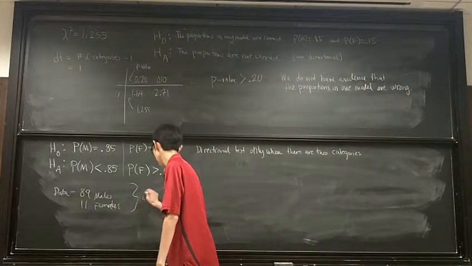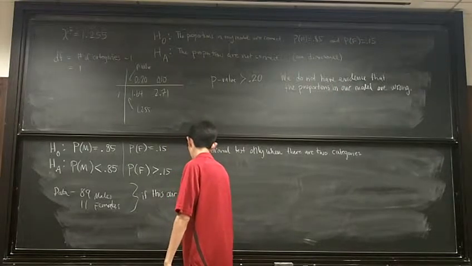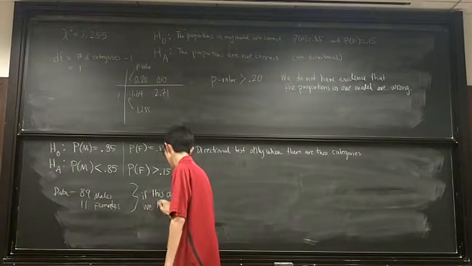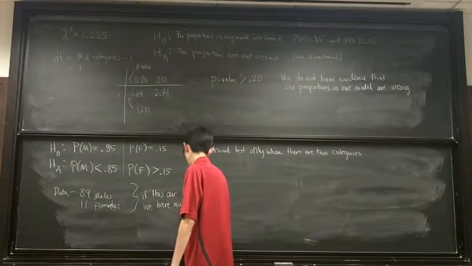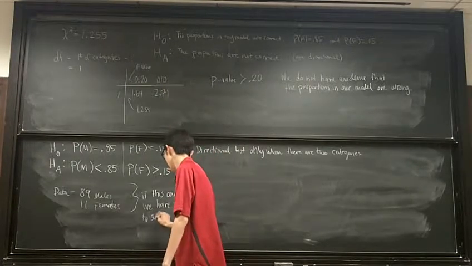So if this is our data, we'd say we have no evidence to support the alternative or reject the null.